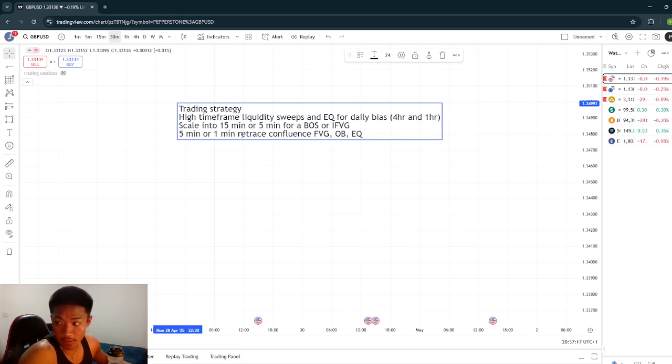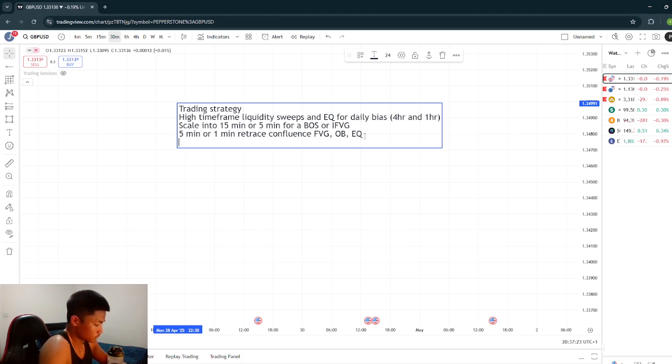Okay. And then from there, we will be entering our trade, and setting stop loss and take profit at draws of liquidity.